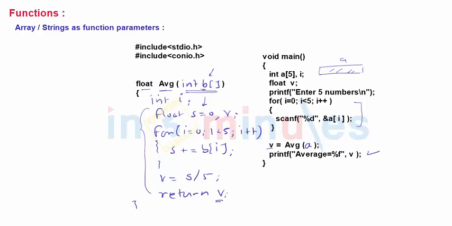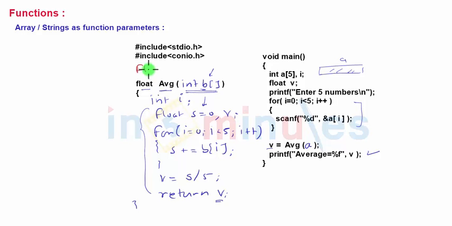Now suppose you want to declare this function, that is function prototype, then obviously you have to do it at the beginning of the program. Now here, since we have written the function before main, prototype or declaration is not compulsory, but if we want to write it, how we write it is like this.